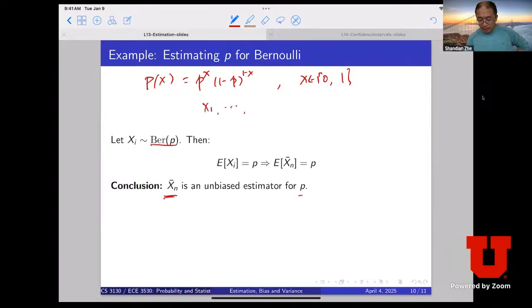So I get a collection of IID Bernoulli random variables, x1 through xn, right? My sample mean is just the average of those outcomes. Then our claim is that x̄n, the sample mean, is an unbiased estimator for p.